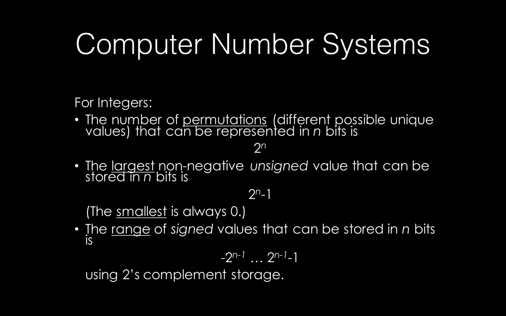And if you want to know the range of signed values that can be stored in n bits, it's minus 2 to the n minus 1, all the way up to 2 to the n minus 1, minus 1. And I guess you understand that the minus 1 in the exponent is there to accommodate the sign.